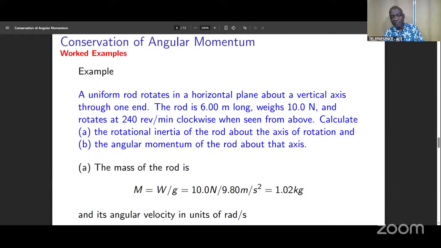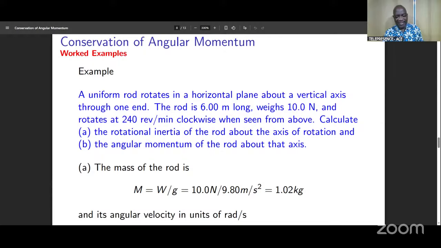The rod is 6 meters long, weighs 10 newtons, and rotates at 240 revolutions per minute clockwise, okay, when seen from above. So we are to determine two things: the rotational inertia of the rod about the axis of rotation, and hence the angular momentum of the rod about that axis.